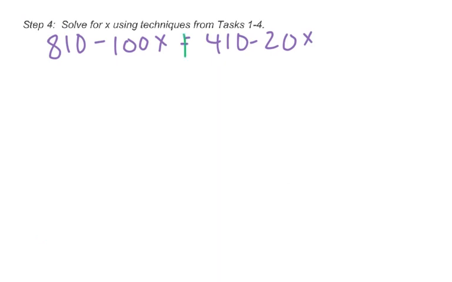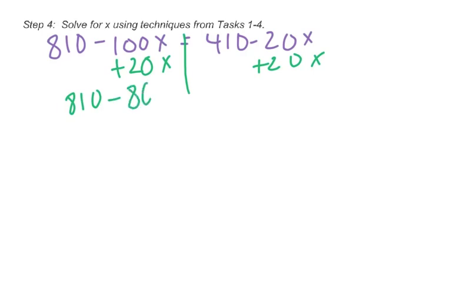So we're going to draw our line down the equal sign. I'm going to start by adding 20x to both sides. Okay, and I get 810 minus 80x equals 410. And now I'm going to move this 810 over to the right side by subtracting it.